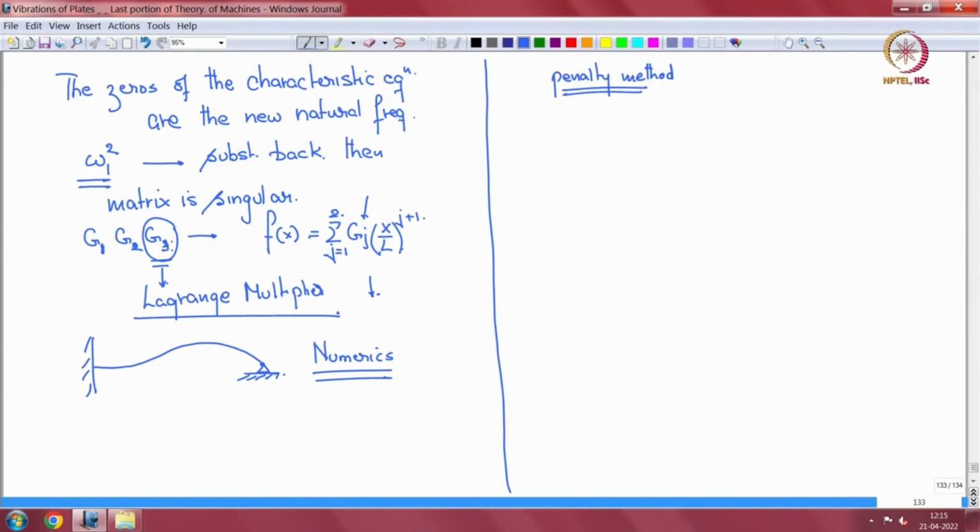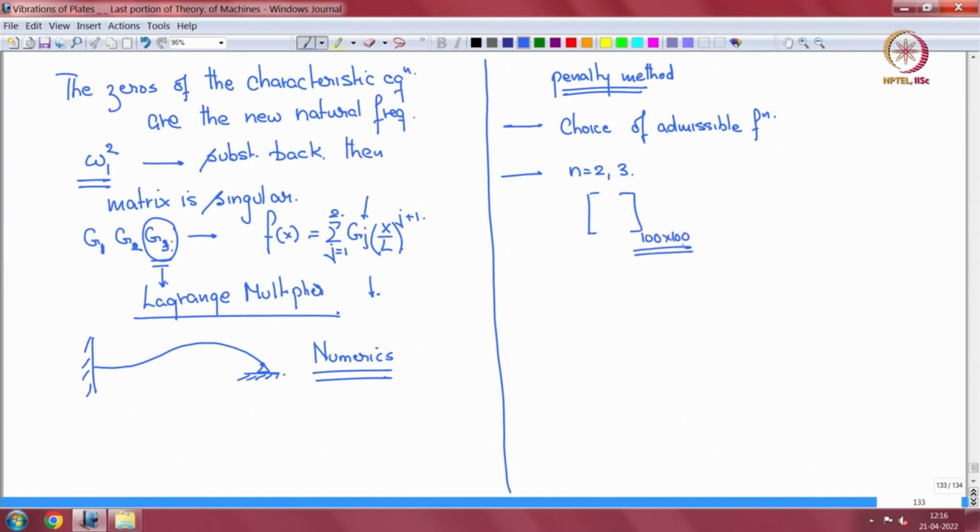The whole problem comes because of the choice of admissible functions. At this classroom level it is difficult to appreciate. We are looking at n equal to 2 and n equal to 3, so that I can do it by hand, but suppose you are trying to estimate 1000 modes, or even 100 modes, then your matrices will be of that size, 100 by 100 and so forth, and they may not be numerically amenable.